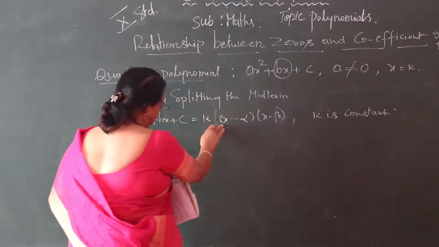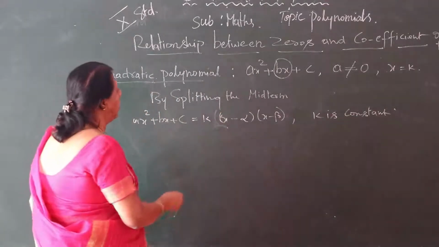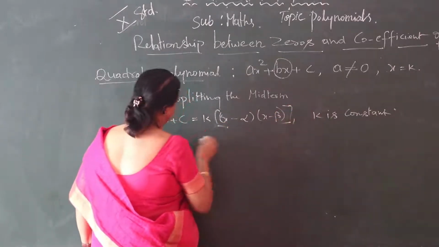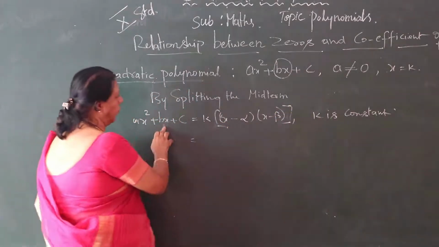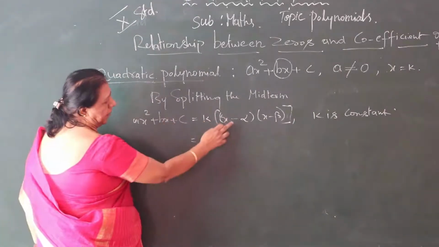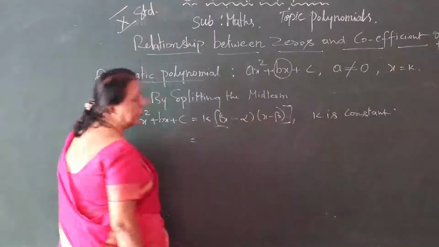So here split it as, you put a big bracket, children. This is easy for you. So now the middle term we have taken, split it as x minus alpha, x minus beta.